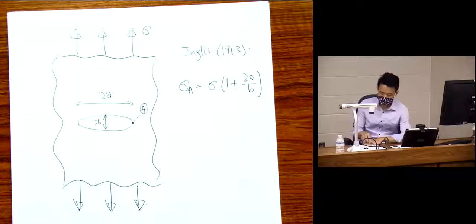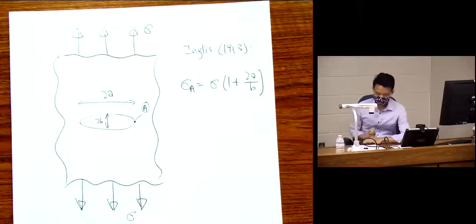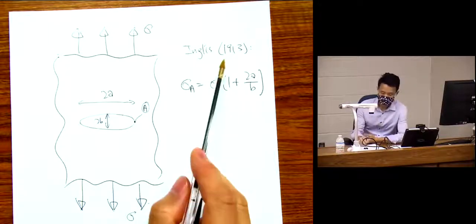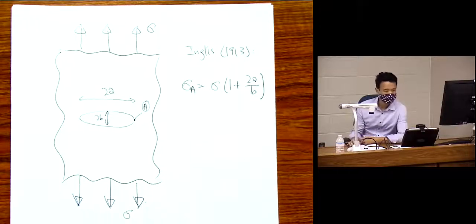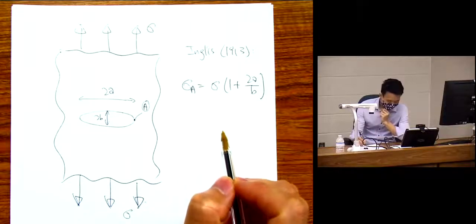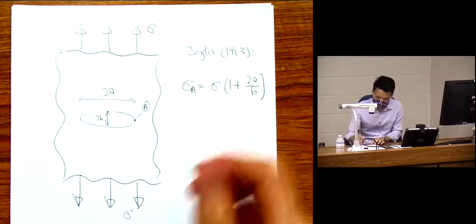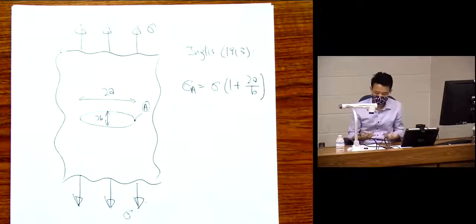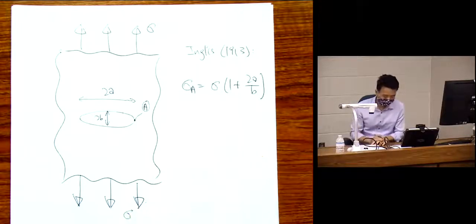So you have the applied stress sigma, and the stress is going to be concentrated around A, is going to be intensified around the flaw, and by how much? Right? We know about stress concentrations by this time, right? All along, we just had no way of calculating it. So Inglis calculated it theoretically by solving the elasticity problem. Right. So if we remember solid mechanics, we talk about the stress concentration factor, which is just sigma A over sigma.